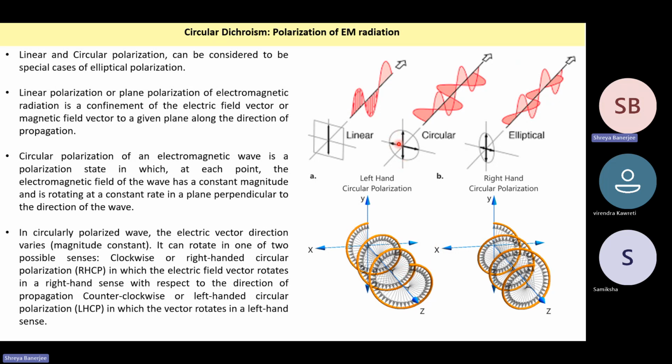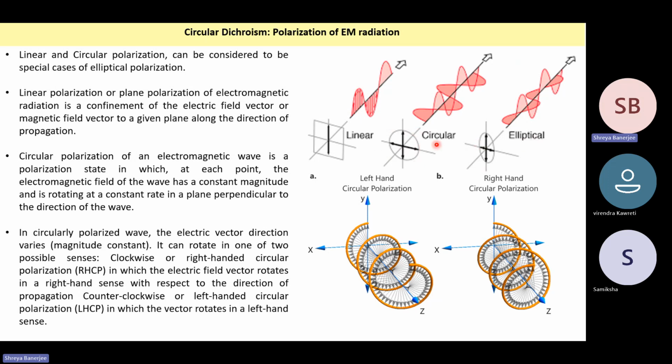If you imagine this as the x-axis and this as the y-axis, circularly polarized light will have the same magnitude in x and y. That is why it is a circle. Elliptically polarized light is when, suppose, the y magnitude is greater than the x magnitude, so it is not a perfect circle, it becomes an elongated circle, which is called an ellipse. So that is elliptically polarized light.